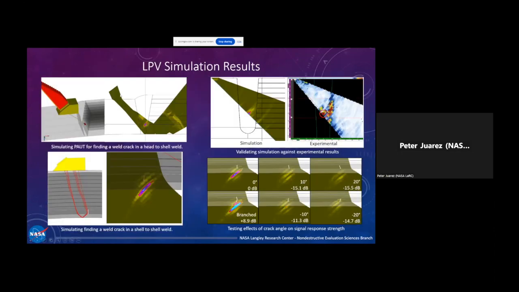And so that head to shell weld is pretty straightforward. Really, you only have to contend with the very complex grain geometry that you have in that weld and make sure it doesn't steer the beam into a completely off-kilter direction. But then the shell to shell weld is a little more difficult.